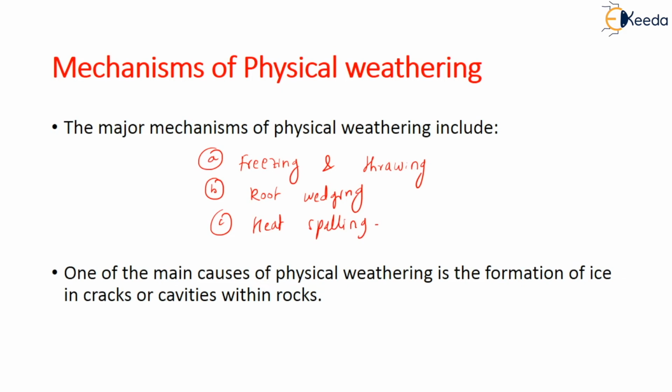These are the major mechanisms included in the physical weathering. These are seen by the naked eye. Generally, freezing and thawing can be seen on the surface of the roads, root wedges on the rock, and heat spalling can be seen in many places. One of the main reasons is the formation of ice in cracks or cavities within the rocks. These are the major things which are seen.